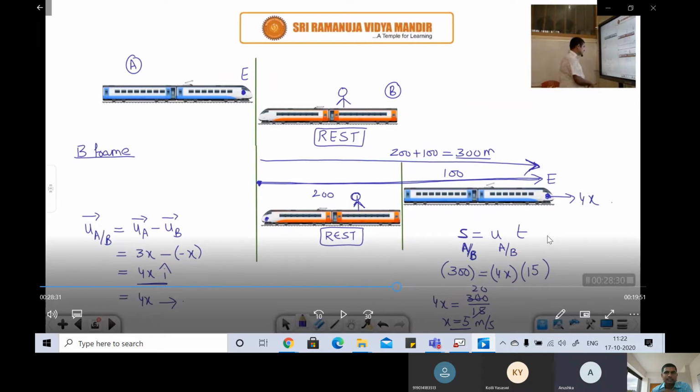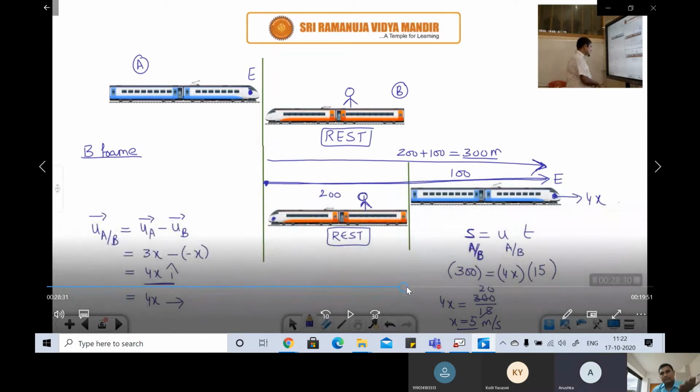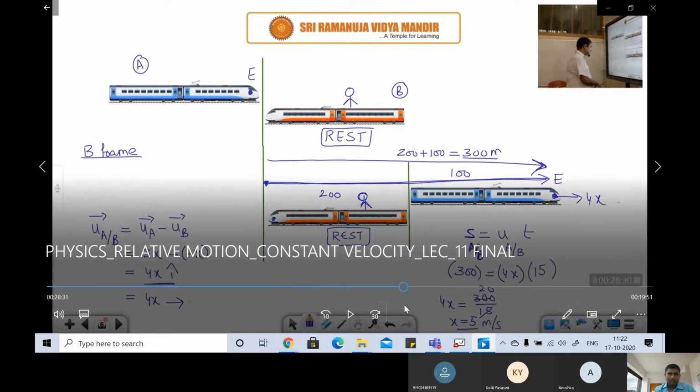What is x? X is the velocity of train B. So now we got velocity of train B as 5 towards left side. Velocity of A is 3 times of this one, that means 15 meters per second. You understood?